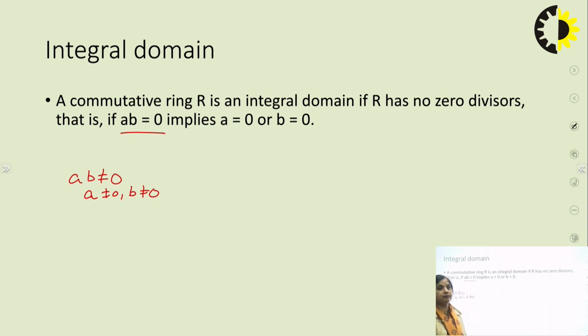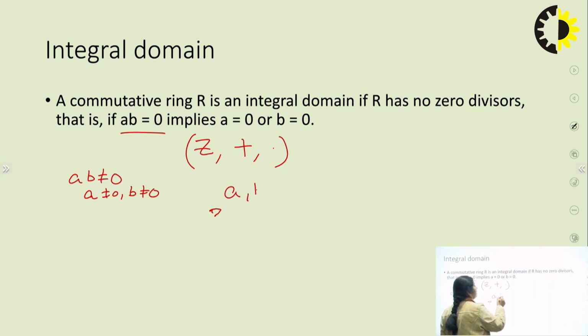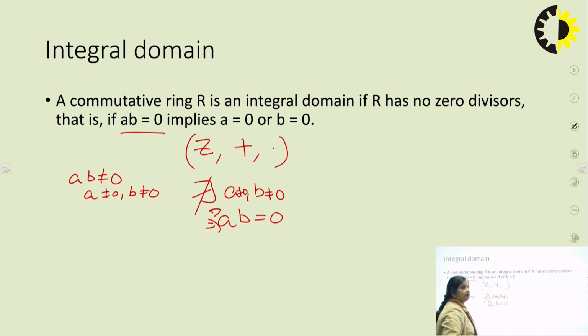So let us understand with an example. If I have a ring with the set of integers, the plus operation and the multiplication operation, then I do not have any two integers A and B such that A into B is 0. There doesn't exist A, B such that A is not 0, B is not 0, but AB is 0.